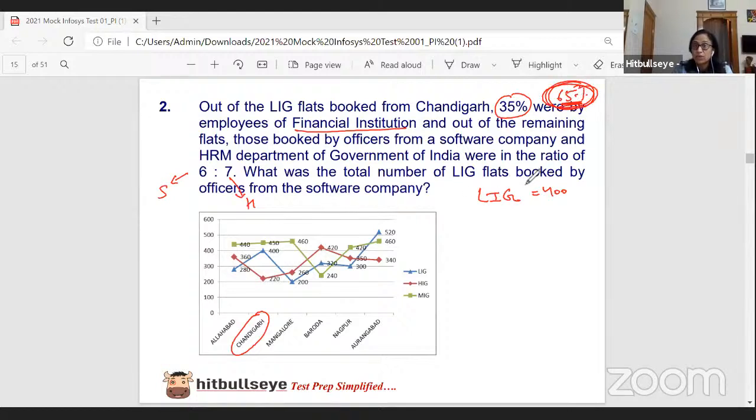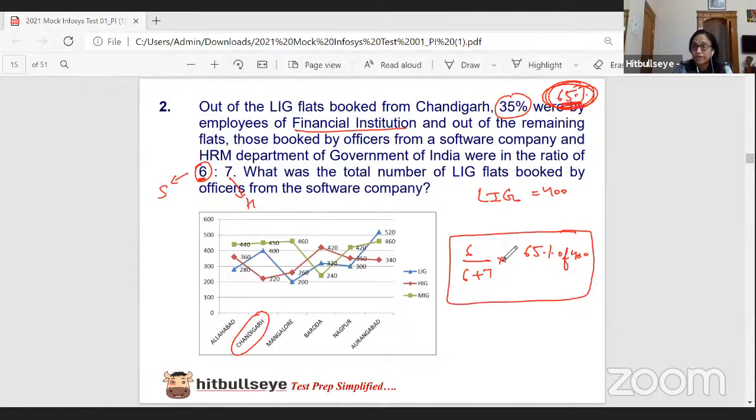The question is asking, what is the number of LIG flats booked by officers from software company? So software company is this ratio. Now, if you remember, in ratios, I already told you that if you're looking for a particular value, it is that number divided by sum of the ratios multiplied with its total. Now, what is the total that you're talking about in this category? Obviously, 65% of 400. This is the only calculation that needs to be done.